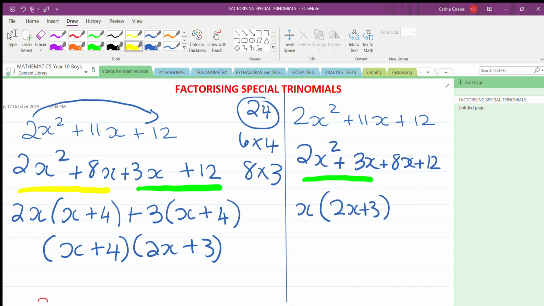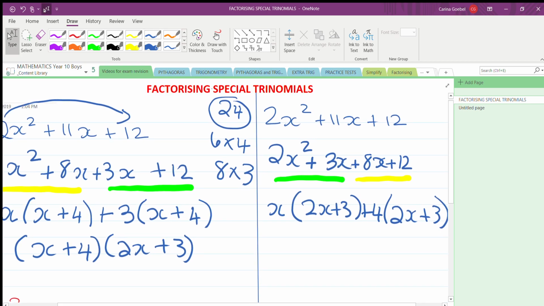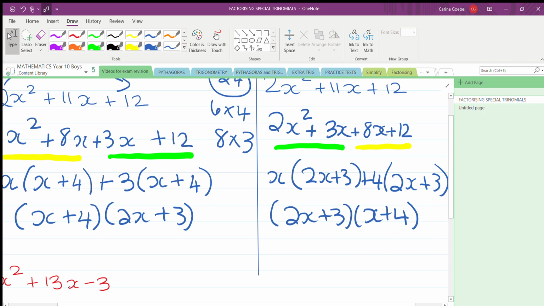You then factorize the second two terms, plus there is a 4 common, which means you have left 2x plus 3. As I mentioned, you know that you're successful when both brackets are the same. So you have a common factor of 2x plus 3 left over x plus 4. So these brackets can be in either order.